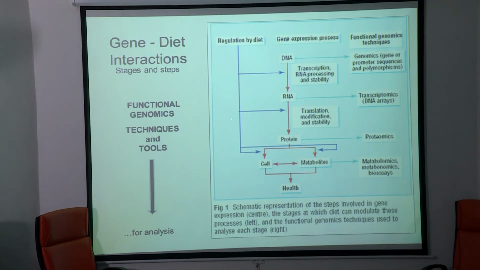So you have the diet, you have the level, and you have the tool with which you detect. Basically you have to detect those signatures. Now which level will you detect the signature at? For that level, the techniques are already in play. They are already highly advanced, and you can use them now to monitor the changes very accurately and very sensitively.